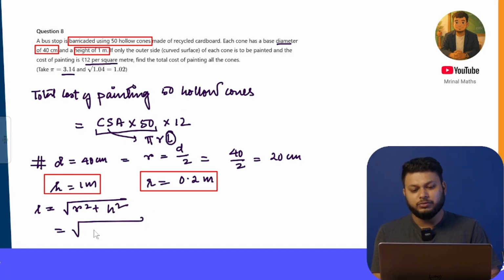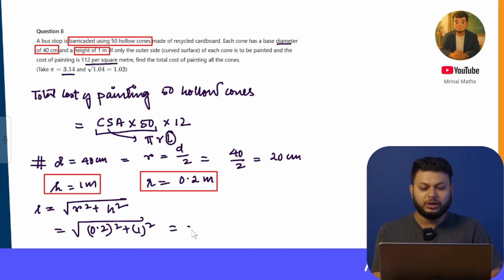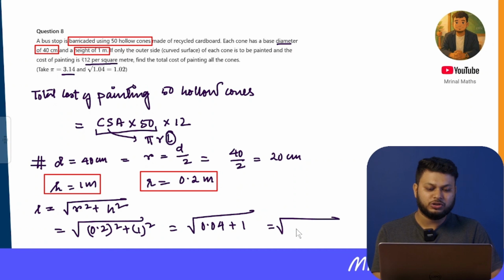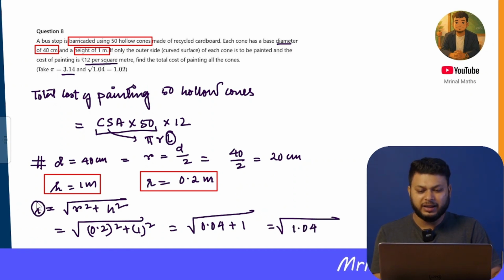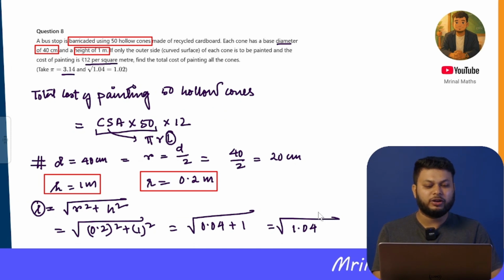Your r value, that is radius, 0.2 square, and height is 1 square. If you solve this, 0.2 square is 0.04 plus 1, which is 1.04. So the slant height L is square root of 1.04.